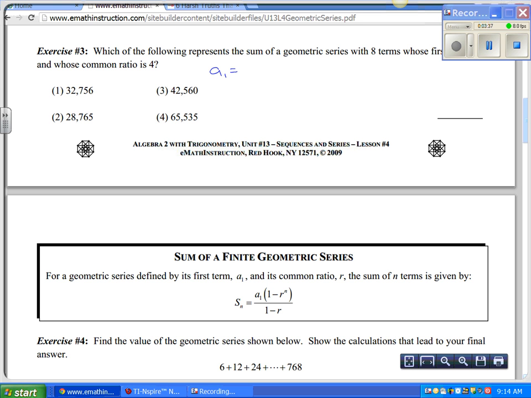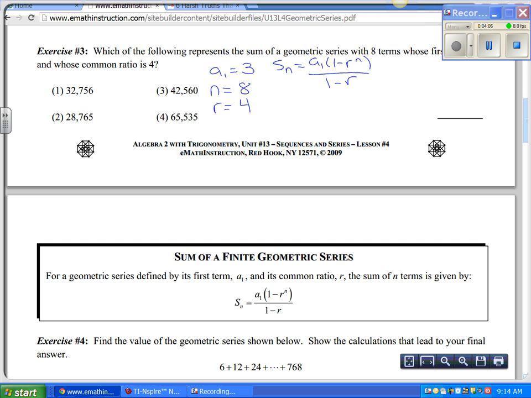What else do I know? N, what's n? 8. What else? R. Do I need more information for my formula? I have S sub n equals a sub 1 times 1 minus r to the n over 1 minus r. So I have everything I need, right?